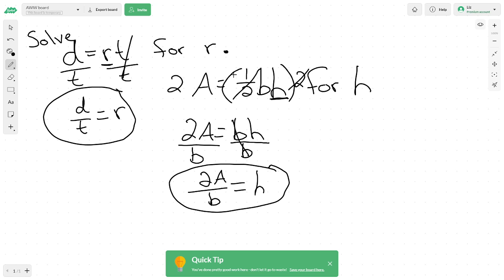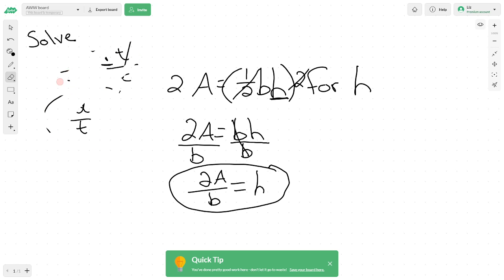All right, let's try one more here. Another formula that we could work with is the one for typing speed. So let me put that up there and then we'll work with it.